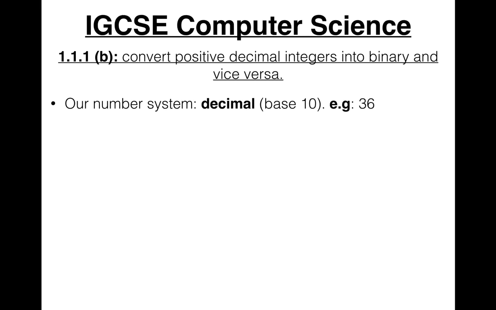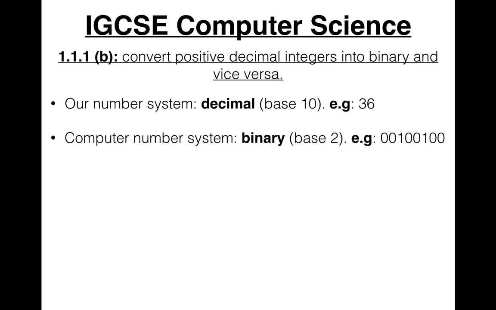Just a recap of what we did cover in the last video, and don't worry if you haven't seen it, because I'm sure it's quite easy to catch up, as long as you know what binary actually is. Our number system is decimal, which is base 10. A value in decimal would be 36, for example.